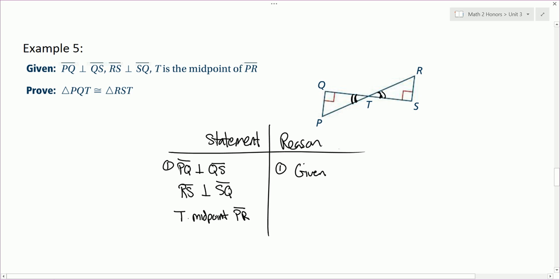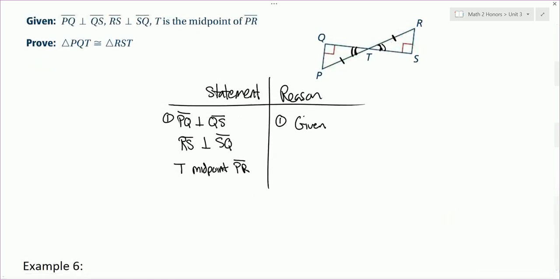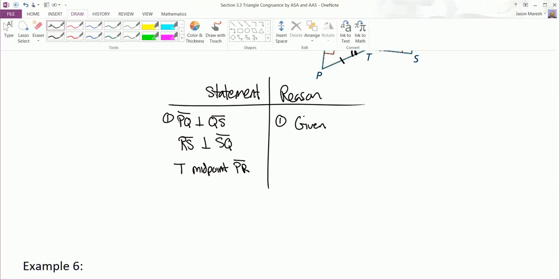And then lastly, T is the midpoint of PR. So that would make PT and RT the same length because T cut that in half. So now from our drawing we can get angle, angle, side congruence. So let's state that. Make sure all that is in our proof.